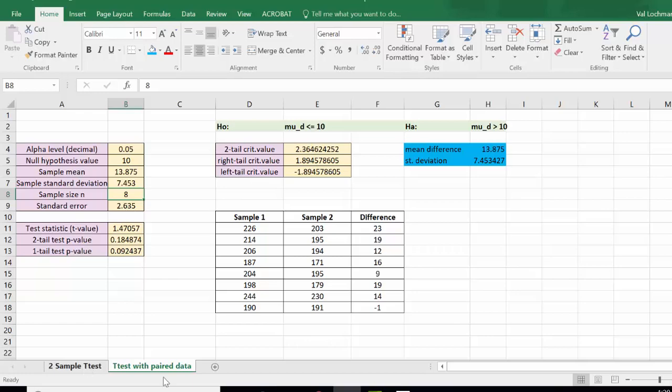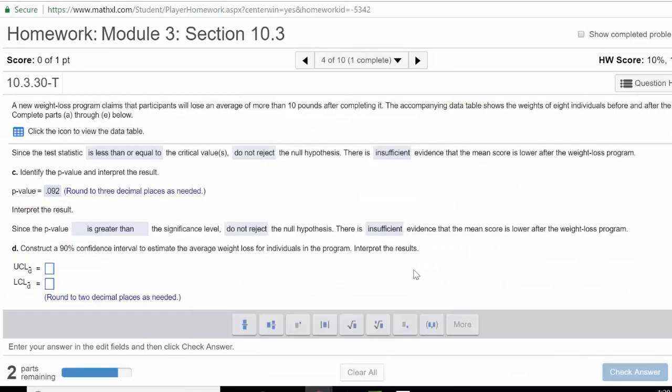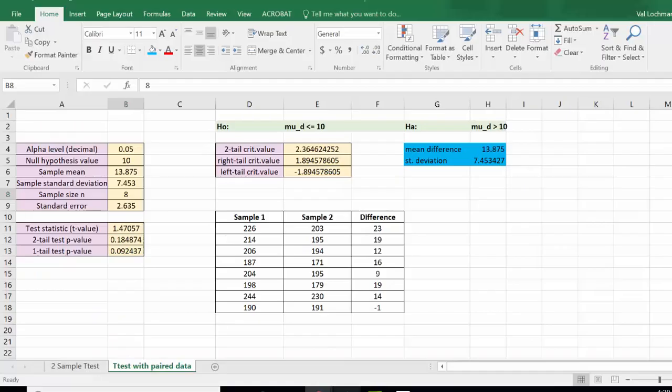So you can go back to one of your files that you have for chapter 9 and use that setup to find the upper and lower confidence limits. I don't have the file open, but you can do it on your own.